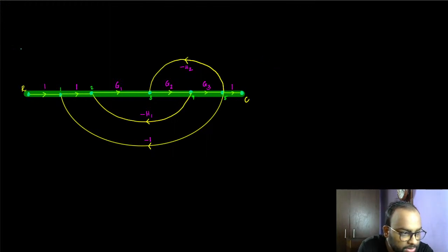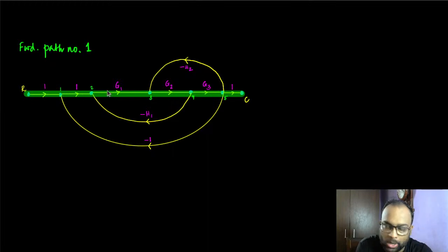Forward path number 1. When you travel through that forward path number 1, what is the total amount of gain you encounter? Forget about everything else.